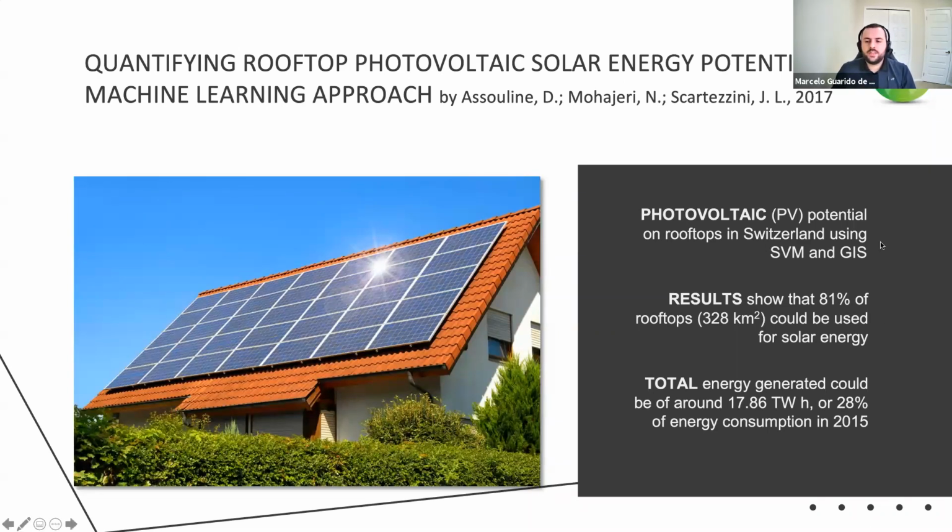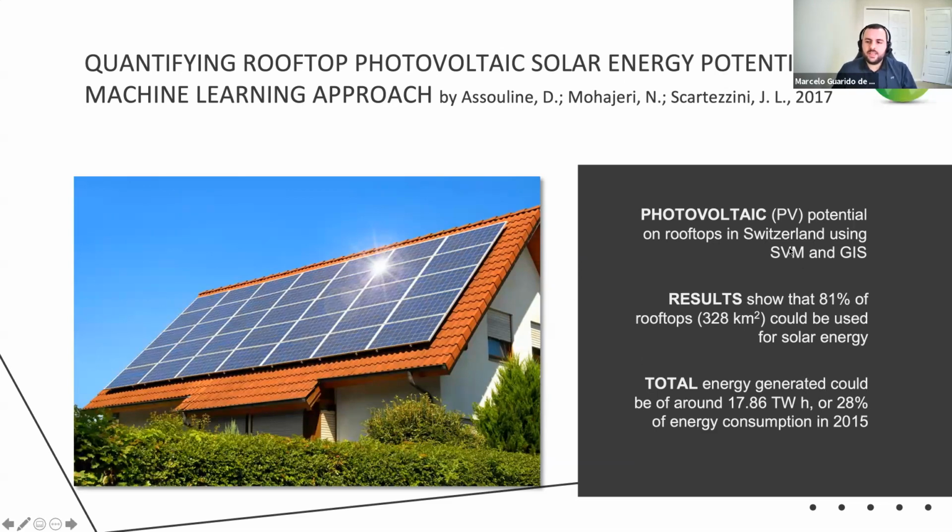It was done in Switzerland, and they are using support vector machine and GIS, the Geographic Information System, to try to predict how much of the area of the rooftops in Switzerland is available for installing solar cells.